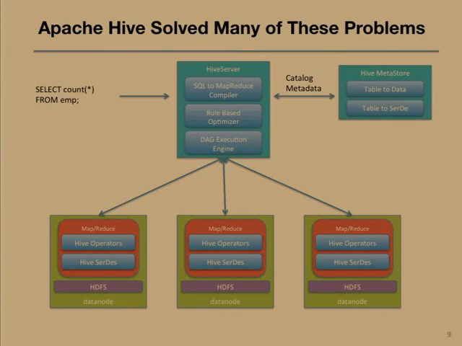So the way that the Hadoop community responded to these shortcomings of the core platform was by building a variety of domain-specific languages on top of Hadoop. So the idea was you no longer have to code your job in MapReduce. Instead, you can use this other language, which we compile down to MapReduce.